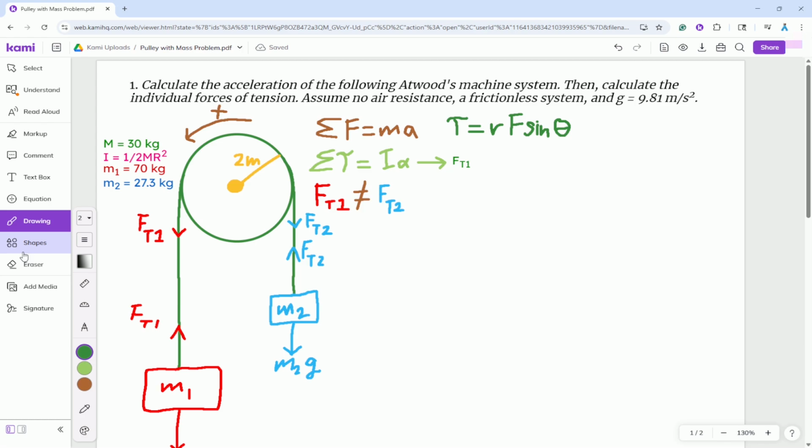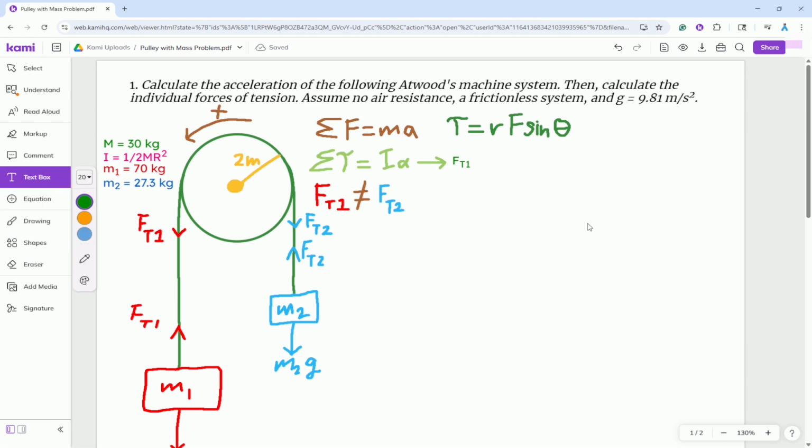What does that mean? You're taking your force, multiplying by the radius, basically this distance, and then times the sine of the angle between the force and, in this case, the radius, which kind of acts as a lever arm, right? The angle between the force and the thing that's rotating.